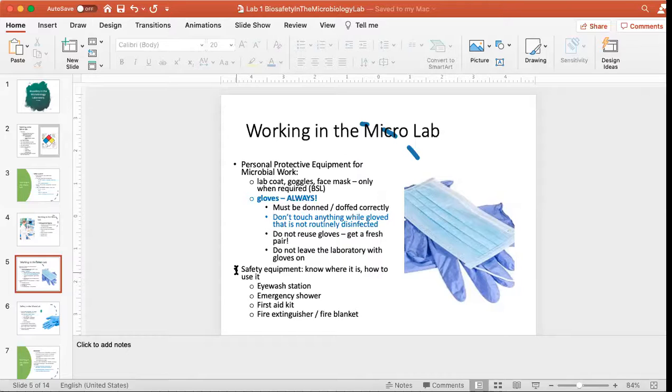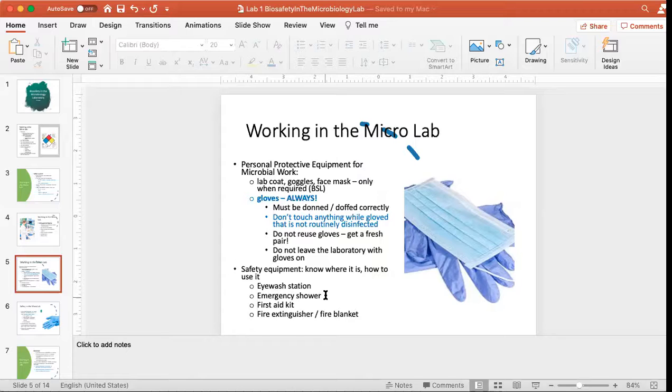So it's really good practice and a good habit anytime you work in a laboratory to know where all the safety equipment is. Many laboratories have eye wash stations now in case someone splashes a chemical into their eyes. Some laboratory spaces have emergency showers.